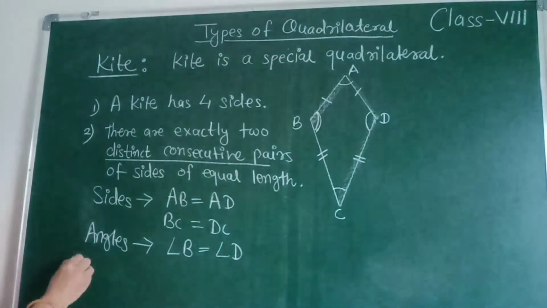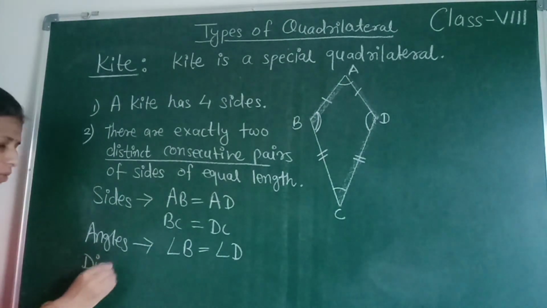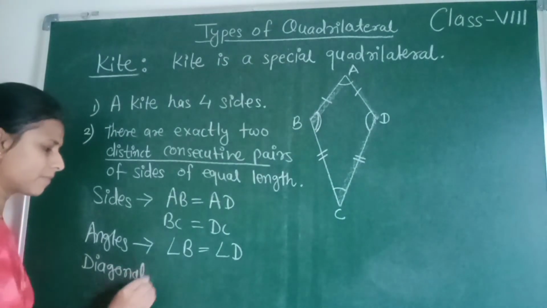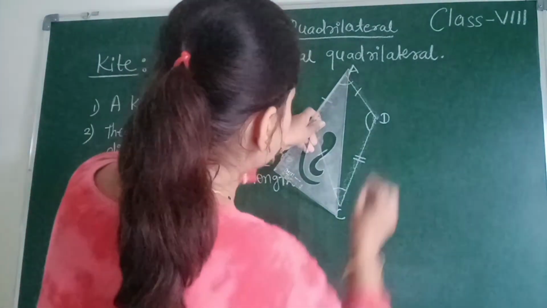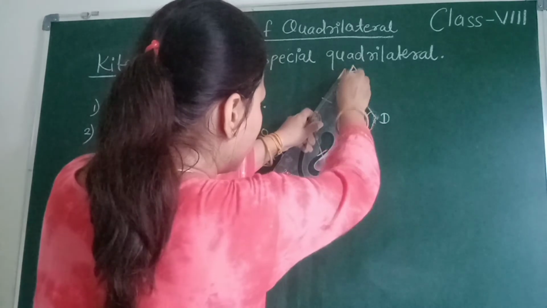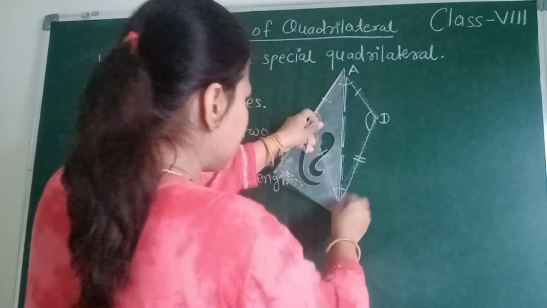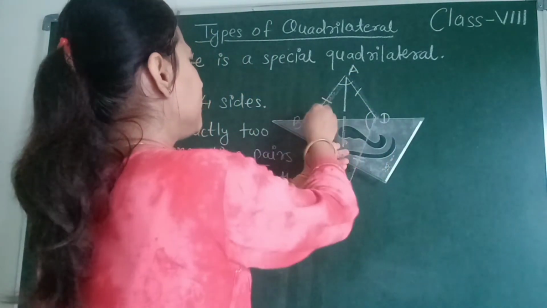And what is the relationship between its diagonals? Let's check. For that, first we will join diagonal AC and then diagonal BD.